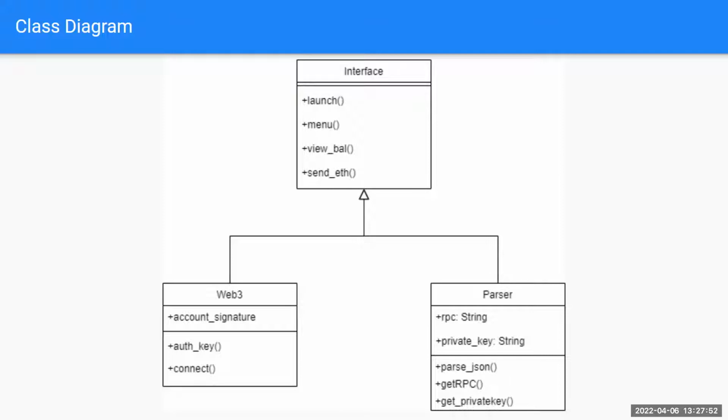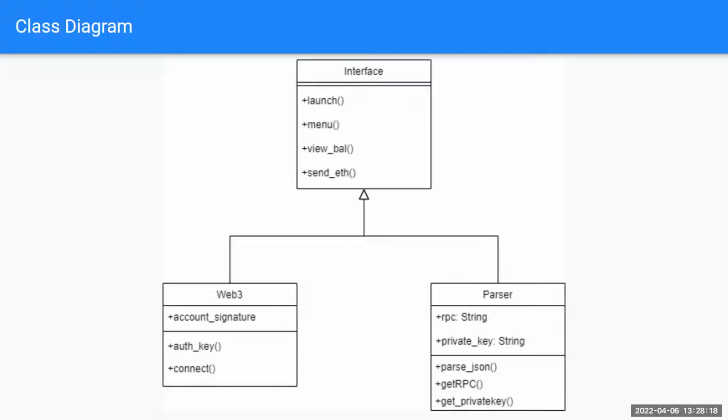The Web3 class is what connects the application to the blockchain. What it does is it uses the RPC to connect to the Ethereum network and then authenticates the private key, allowing the user to operate with their wallet.